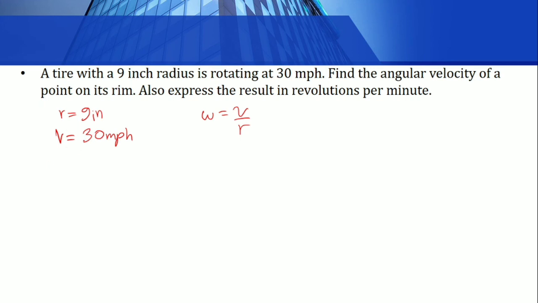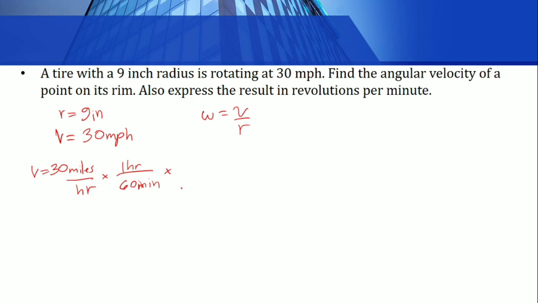So, yung velocity natin, that is equivalent to 30 miles per hour. So, 1 hour is equivalent to 60 minutes times. So, i-convert natin sa feet para ay sa inches yung miles natin.